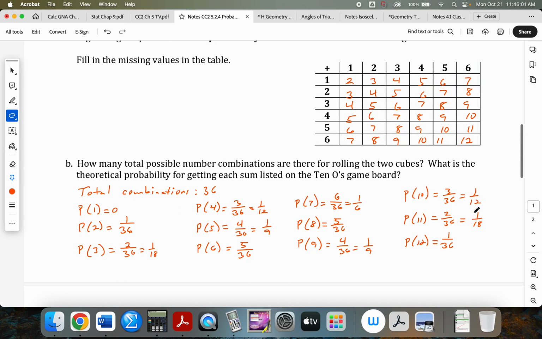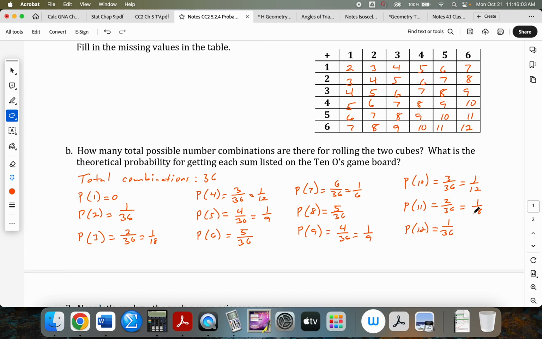So here we have the theoretical probabilities for each of those. So if you're going to play the game over and over again, not just once, you should probably not pick 1. But if you're doing it over and over again and you're going to keep your O's in the same places, where do you want the most O's to go? 7.